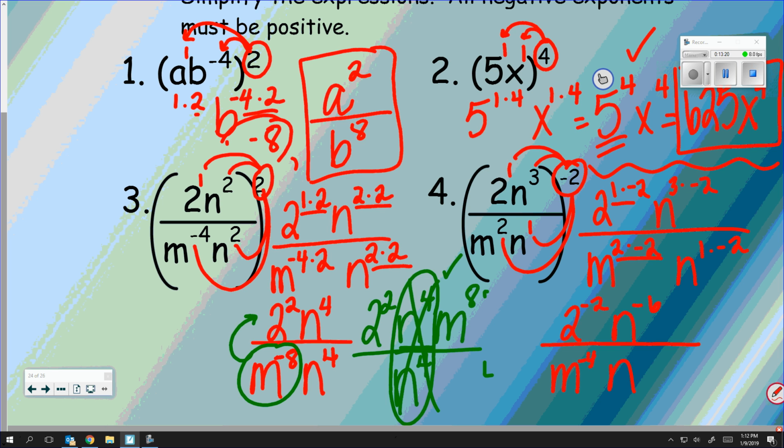And for your n, 1 times the negative 2 is a negative 2. Okay, so now, are we done? No.